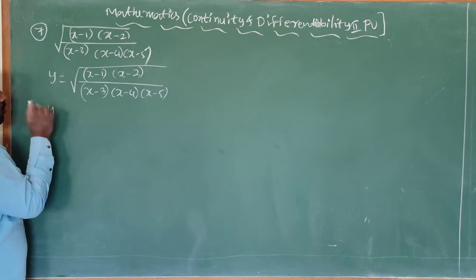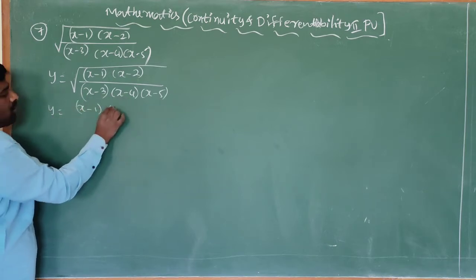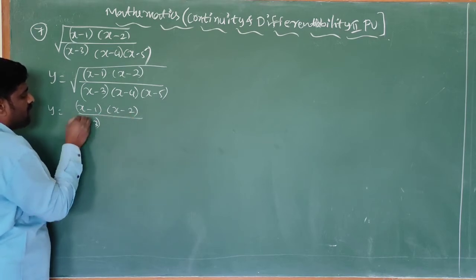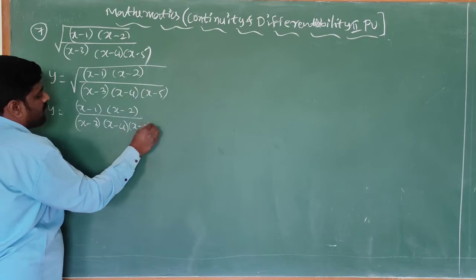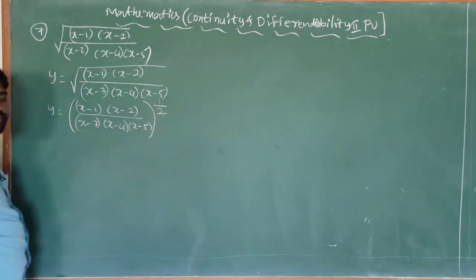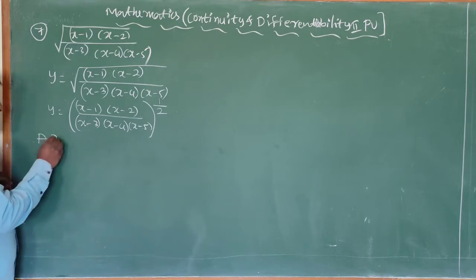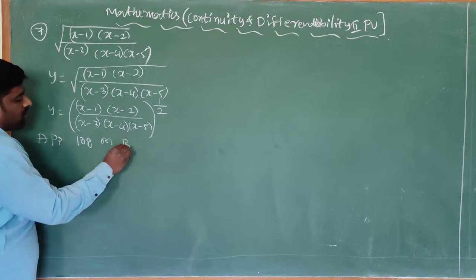So this can be written as y equals [(x minus 1)(x minus 2) divided by (x minus 3)(x minus 4)(x minus 5)] whole to the power of 1 by 2. Now apply log on both sides.